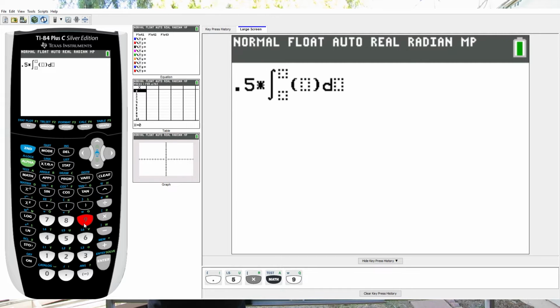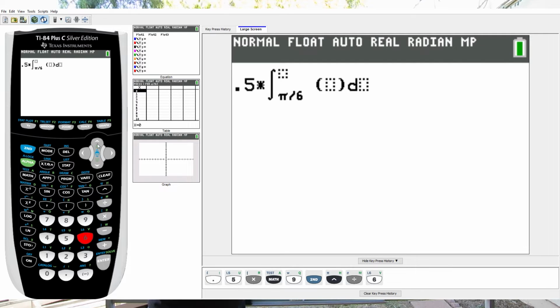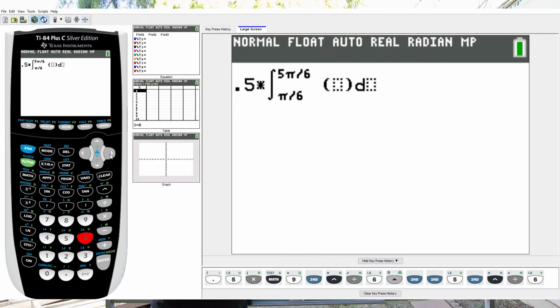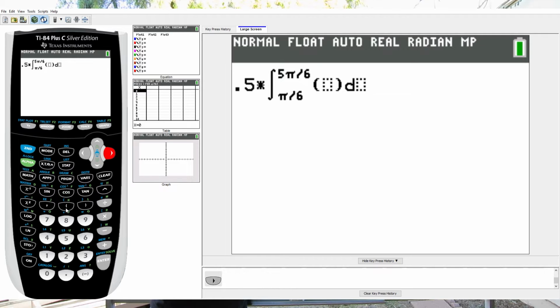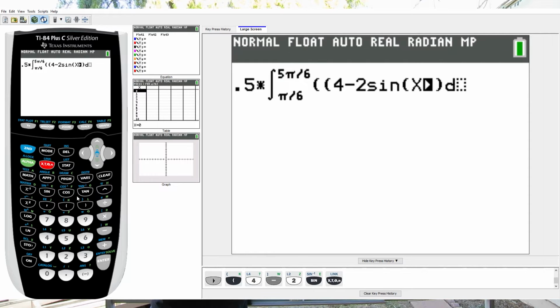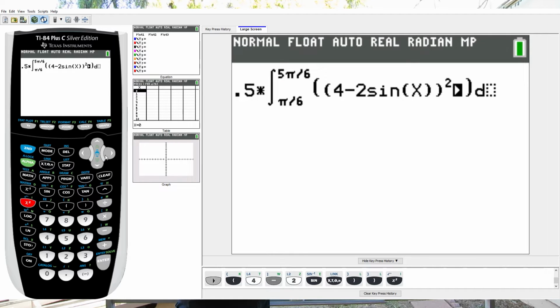We're doing the integral from pi divided by 6 to 5 pi divided by 6 of (4 minus 2 sine of x) quantity squared dx.